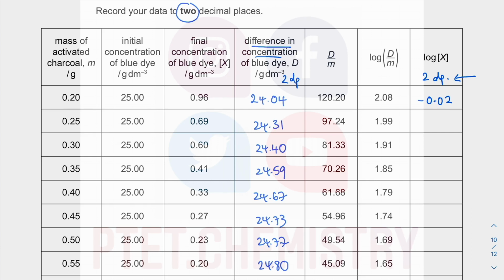So be very careful. Minus 0.16. Did I write that right? 39. Okay, so log 0.33.